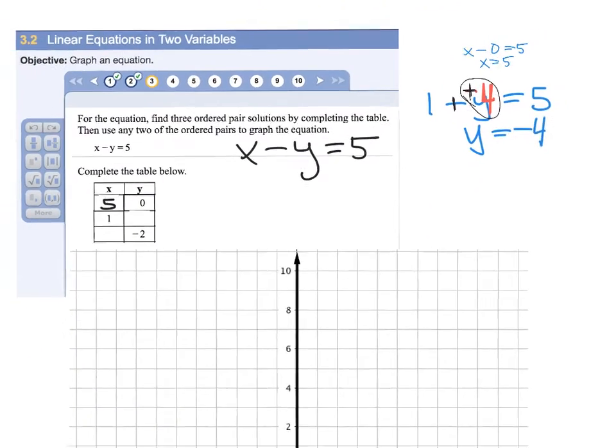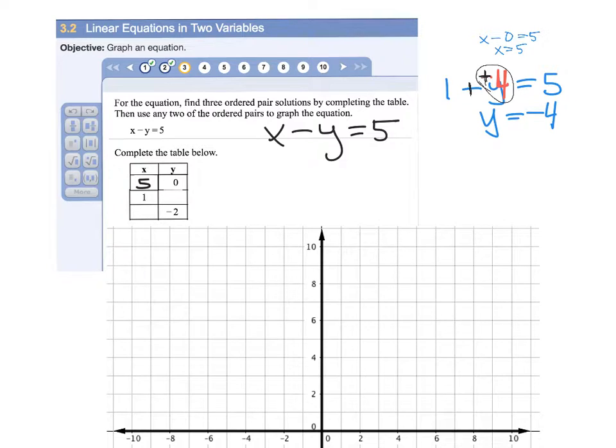All right, so let's get that out of the way. So y is equal to -4. So I'm going to squeeze in a -4 there.